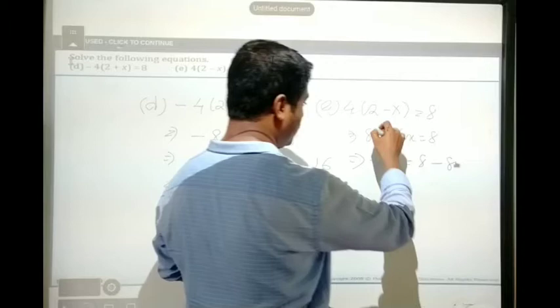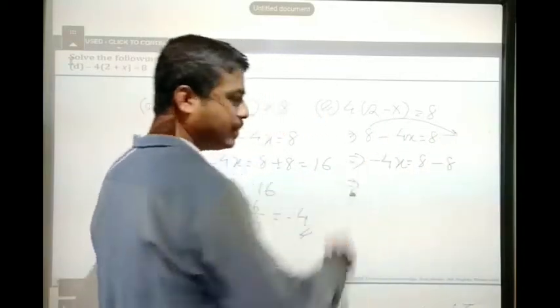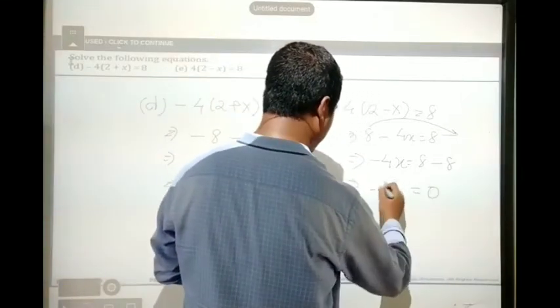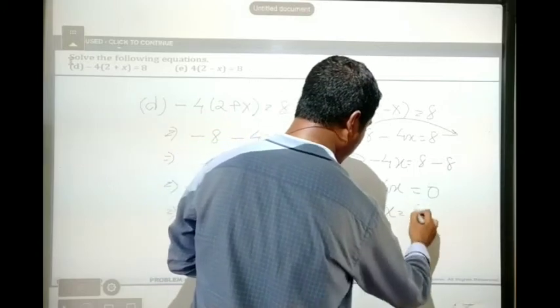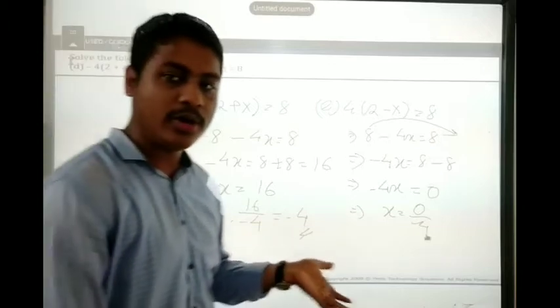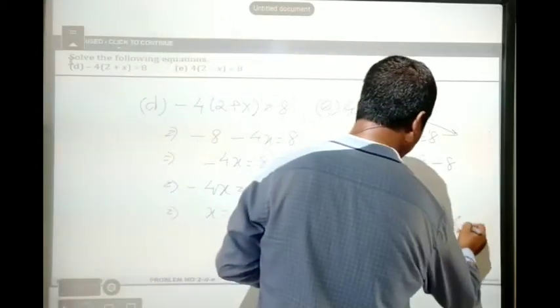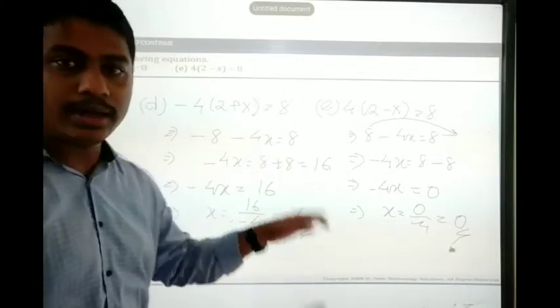You have to put this on the right hand side. 8 minus 8, what will you get? The answer will be equal to 0. Minus 4x is equal to 0. So x will be equal to 0 by minus 4. What will be 0 by minus 4? If you divide 0 by anything, your answer will always be 0. So this is your answer for question number E.